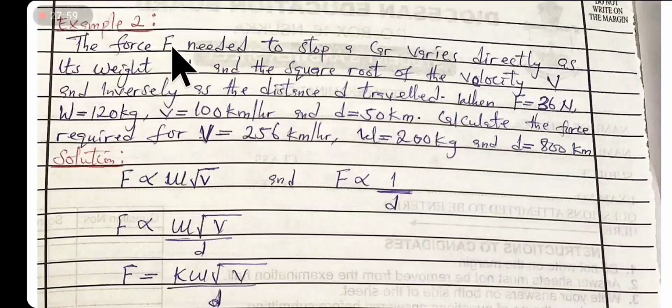So they say F, which is force, is directly proportional to the weight and square root of velocity. This is a direct relationship. Then they also say, and inversely as the distance D, inversely, 1 over the distance, which is D.